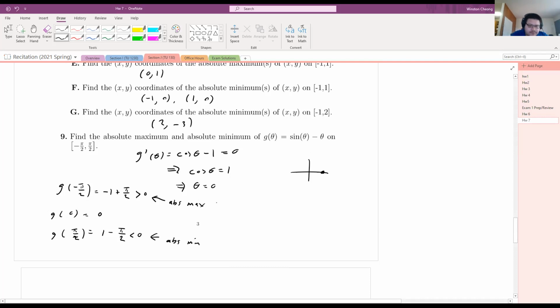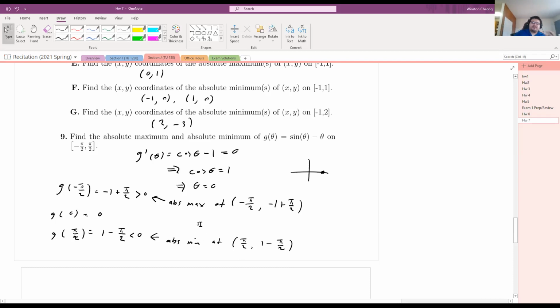One other thing is that in the slides, he treats the absolute max as the whole point, the coordinate pair. So we could rewrite this as a coordinate pair: minus pi over 2, comma minus 1 plus pi over 2, and pi over 2, comma 1 minus pi over 2.